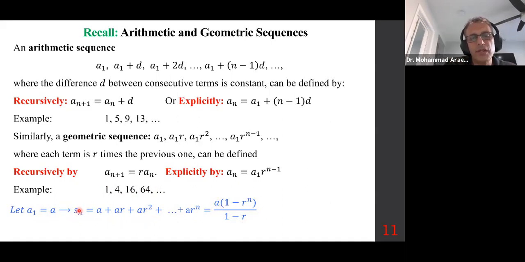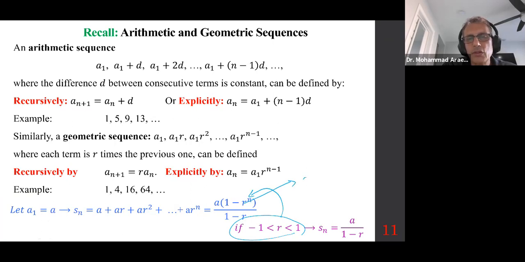The sum of the first n terms is a times 1 minus r to the power of n over 1 minus r. What happens if r is between -1 and 1? If this is the case, then this goes to 0, and we get s sub n equals a over 1 minus r. We take it from here next time.